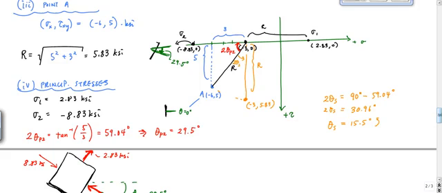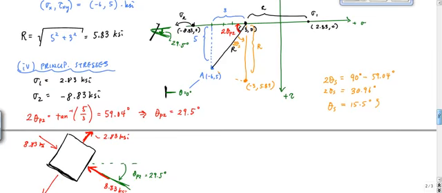And so now I want to draw my representative volume element here, right? So again, I start from theta equals 0, which was over here. And to get to this new point, I had to rotate 2 theta s in Mohr's circle counterclockwise, which is 15.5 degrees in real life counterclockwise, meaning I go like this, 15.5 degrees.